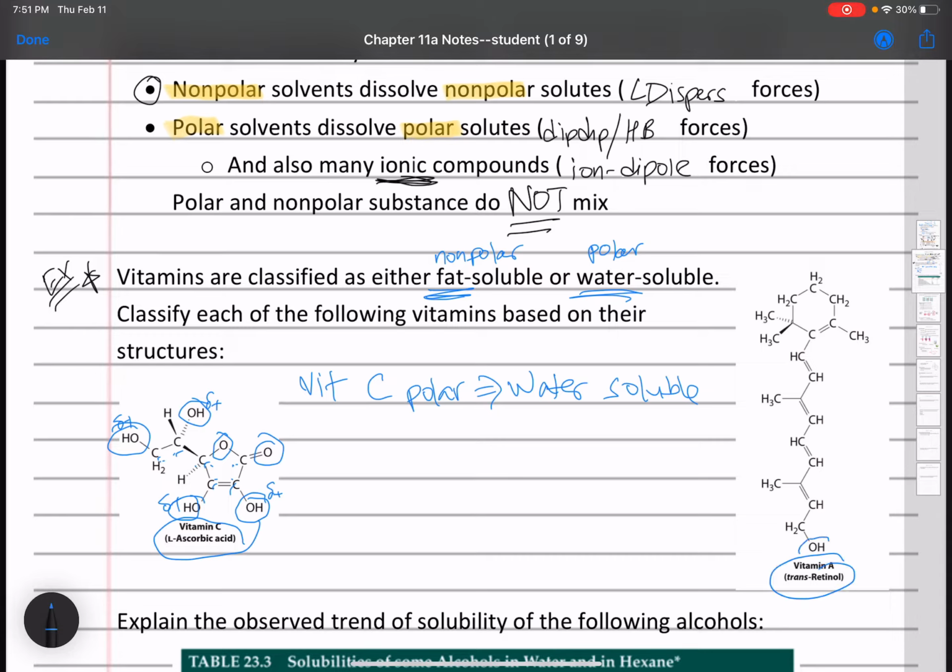I do see an OH down here, which could do some hydrogen bonding, but all the way through the rest of the molecule, all I see is carbons and hydrogens. All of this screams nonpolar to me. So vitamin A, we would say, is mostly nonpolar, and so we would classify it as fat soluble, unlikely to be water soluble, and that is in fact how each of these vitamins are classified.